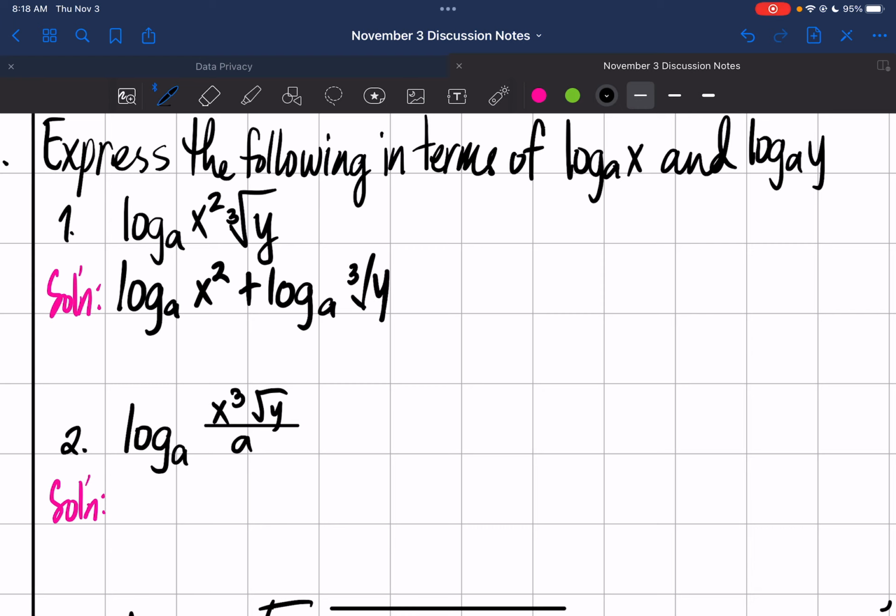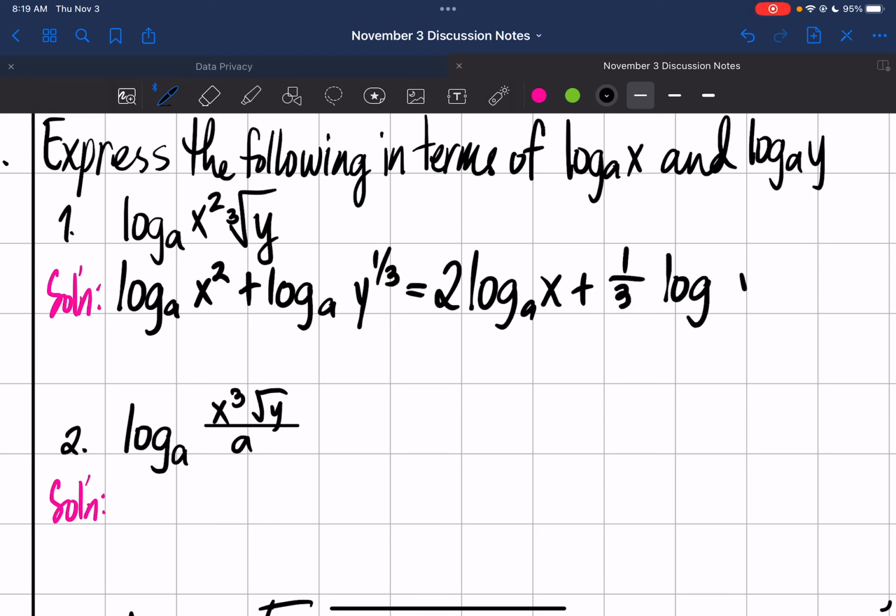However, again, what we want is for it to be in terms of log of x base a and log of y base a. So, we need to bring out the exponents. So, here, we have 2. And this one, we can rewrite as y raised to 1/3. So, the 1/3, we will also bring out. So, this one would become 2 log of x base a plus 1/3 log of y base a.